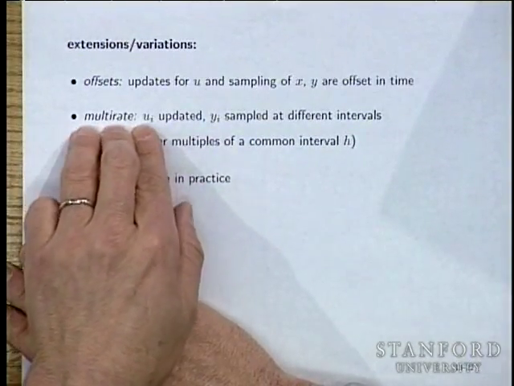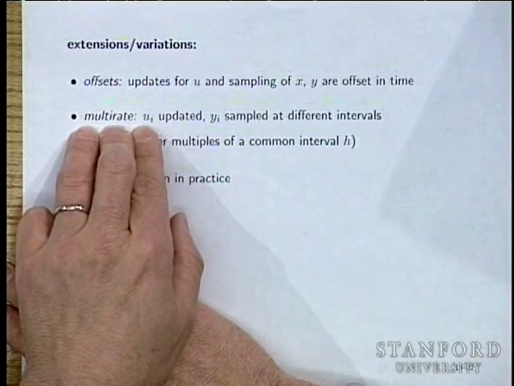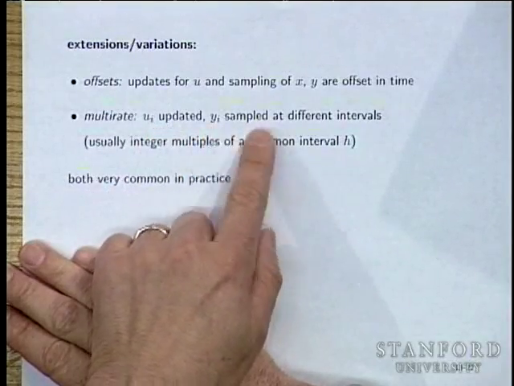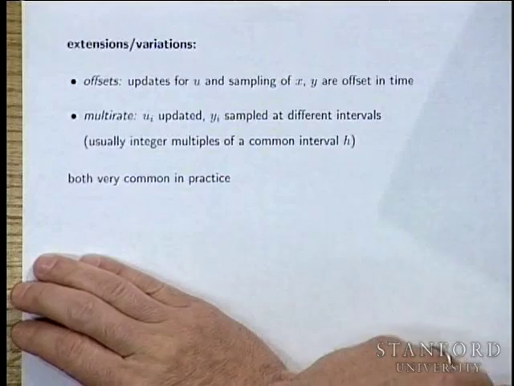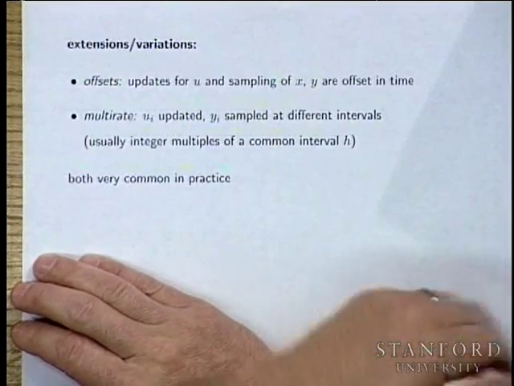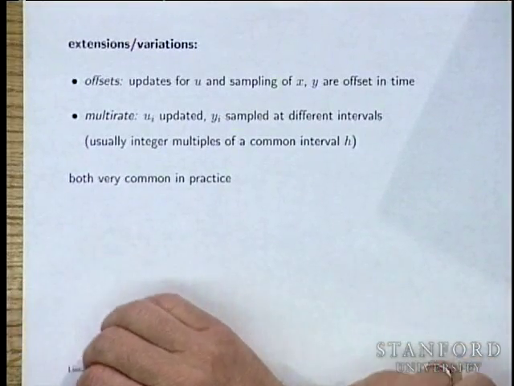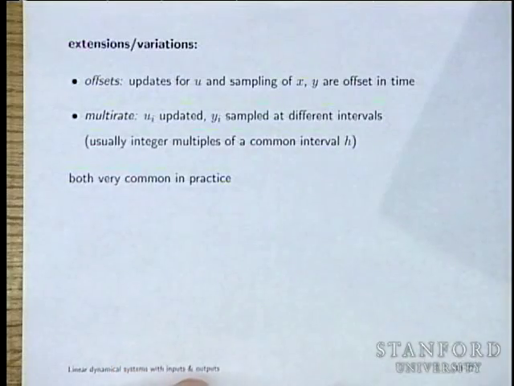Very, very common is multi-rate. Here, you could have different inputs updated at different times, and different outputs sampled at different intervals. They're usually multiples of a common interval. So that's extremely common. For example, a jet engine controller on an airplane might run the inner loop at 400 hertz, and then something wrapped around that, the update might be at only 100 hertz, but the sampling might be 50 hertz.